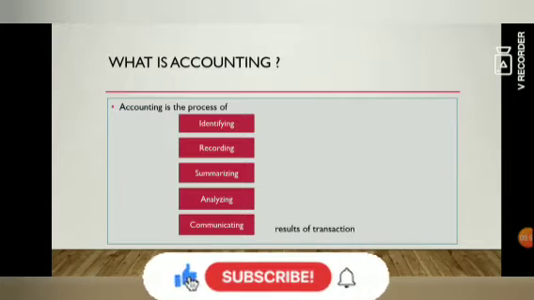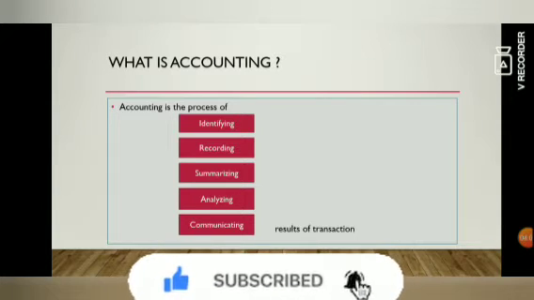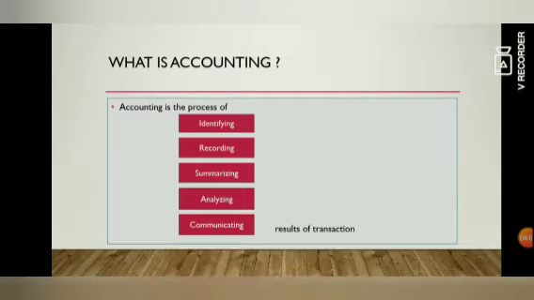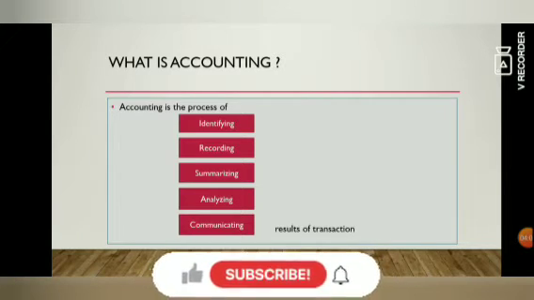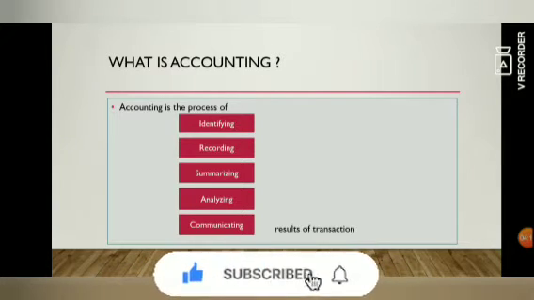If they are not directly dealing with monetary values, sometimes we need to make estimates, approximations, etc. Whichever the case, we need to first identify the transactions we have to focus on, then record them properly, then summarize them to have an idea of what has happened so far, and then analyze it.